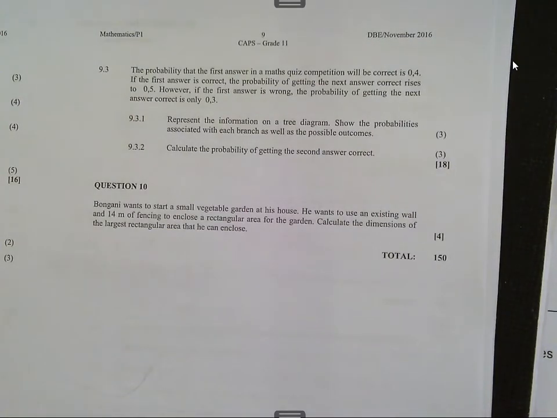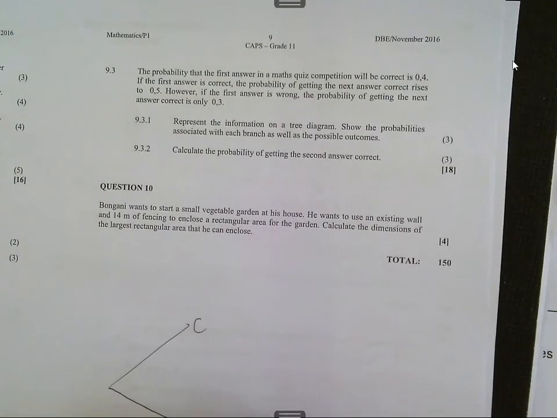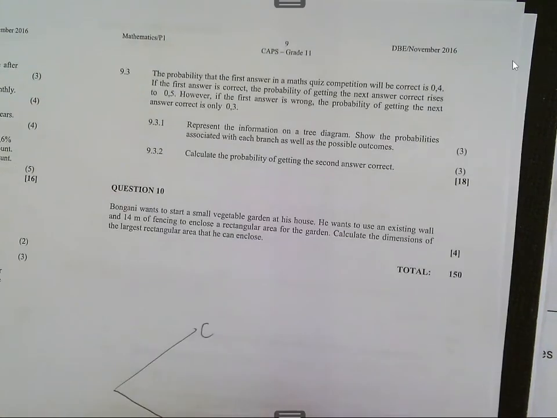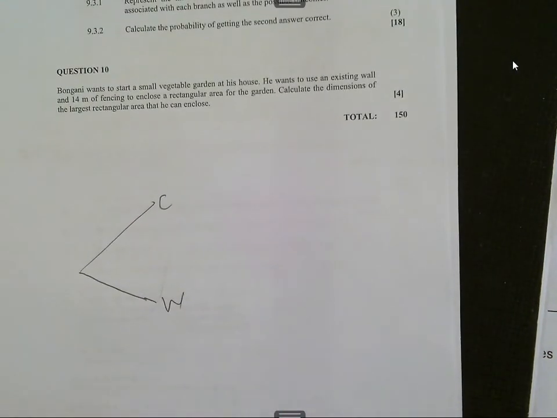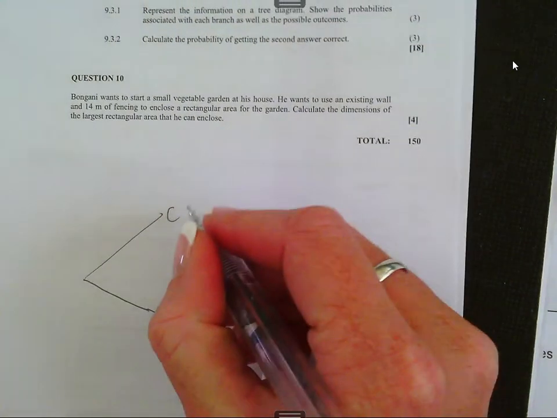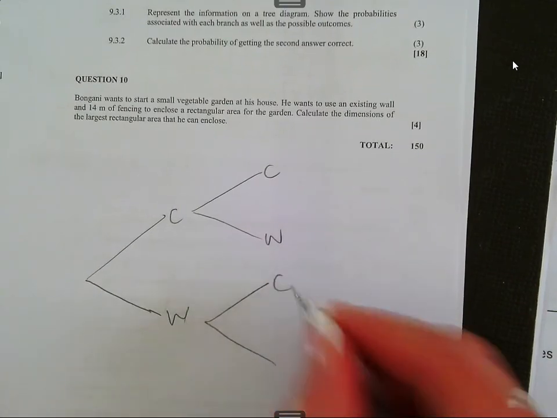In event number 1, what are the 2 outcomes? Correct or wrong. In the second event, what are the outcomes? Correct or wrong. And this bottom one is just a repeat, no?